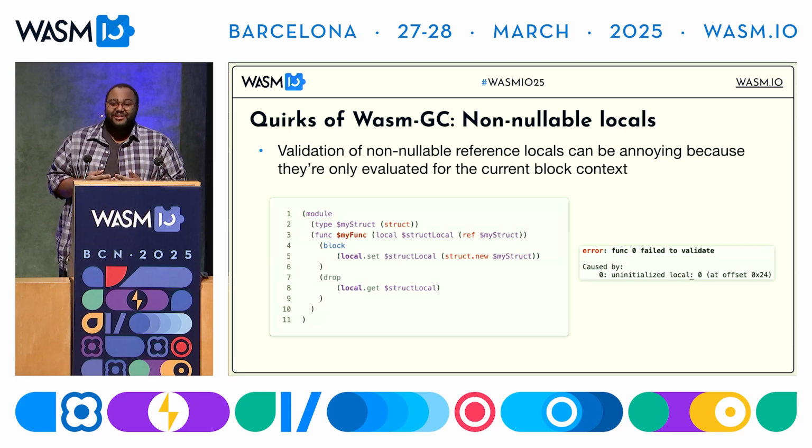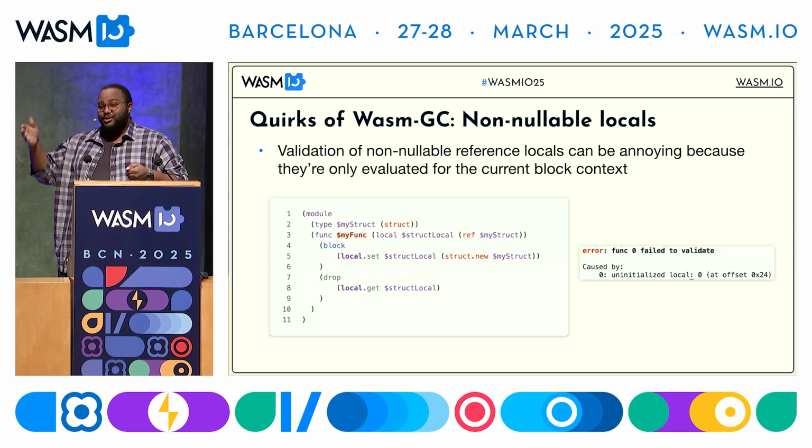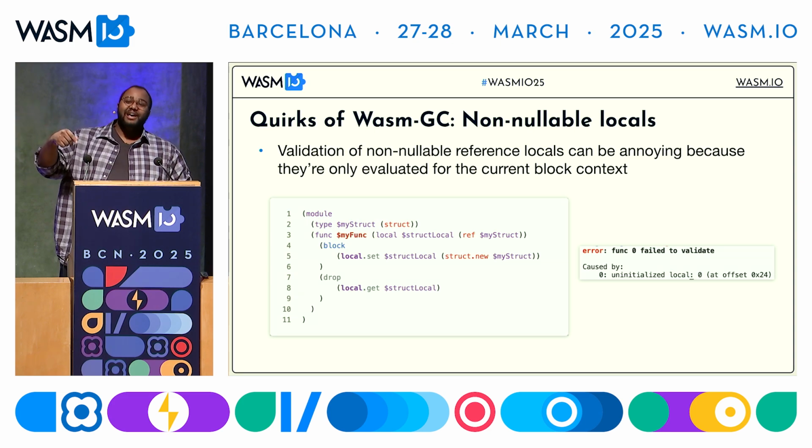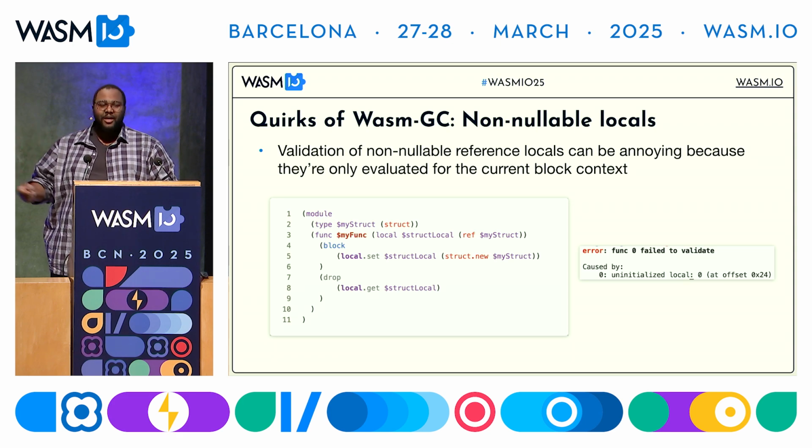Now we have reference types, which can be null, so you could have a null local, and if you ask for the value before you set a value, you would just get back null. But you can have non-nullable locals. And so the Wasm validator actually looks through and checks, did you initialize this local before you tried to get the value? Which is fine, makes sense.